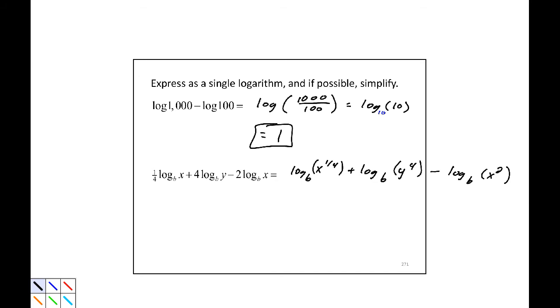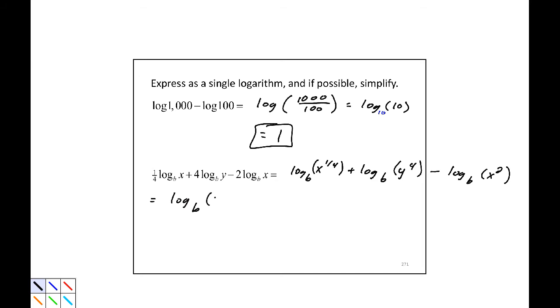Now we can move on to our product rule and write log base b of x to the 1/4 plus log base b of y to the 4th. Respectively, we can write those as log base b and write that as the product.